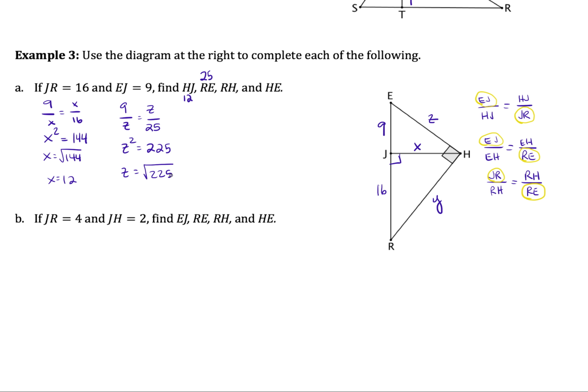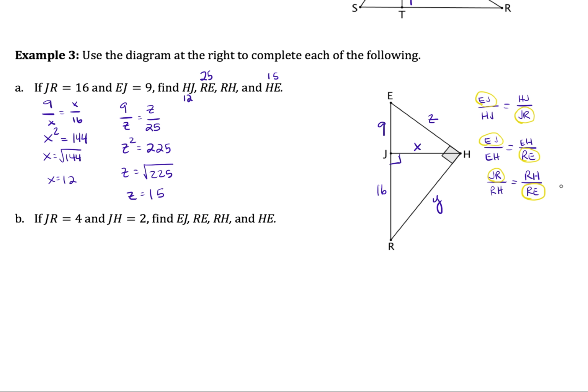And you want to check that on your calculator. Whenever you're trying to simplify a square root, the first thing you always do is check maybe you got lucky, maybe this is a perfect square. So you type in square root 225 in your calculator, and what do you find? Oh, look at that. The square root of 225 is 15. No simplifying necessary. It comes out as an integer. Good deal. So EH, which was Z, has a length of 15. So we'll put a 15 right up there.